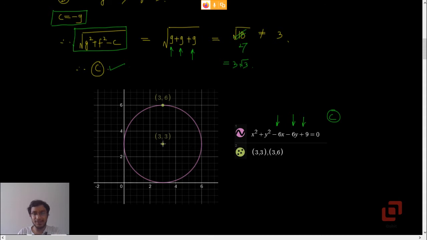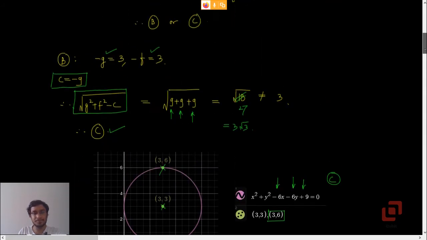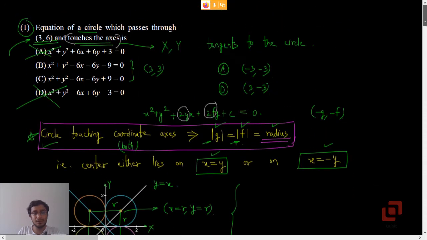Okay, you can see that the center of the circle is at the point 3, 3, and the point given in the problem, 3, 6, lies on the circle. So we have completed the first MCQ.